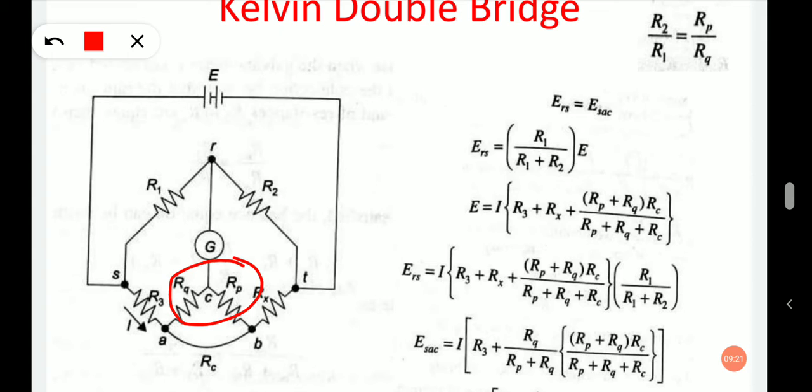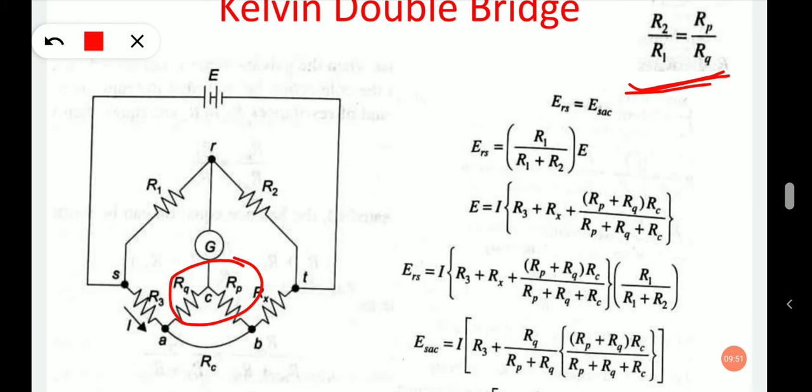This configuration ensures that the connecting lead or yoke resistance Rc does not affect the measurement. The prerequisite condition for the circuit is that the ratio of resistance arms P and Q must be equal to the ratio of R2 and R1. Hence we can write R2 by R1 equals RP upon RQ.